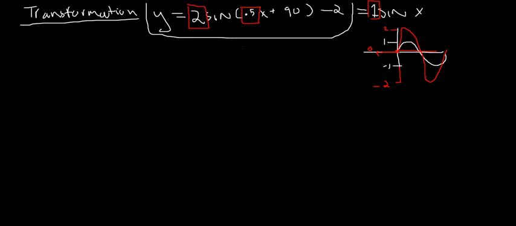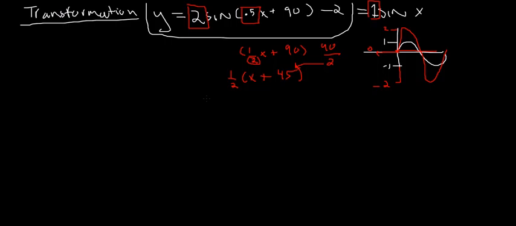If you have half of x plus 90 and you factor half out, that's basically x plus 45, because 90 over 2 is 45, and the half comes out.